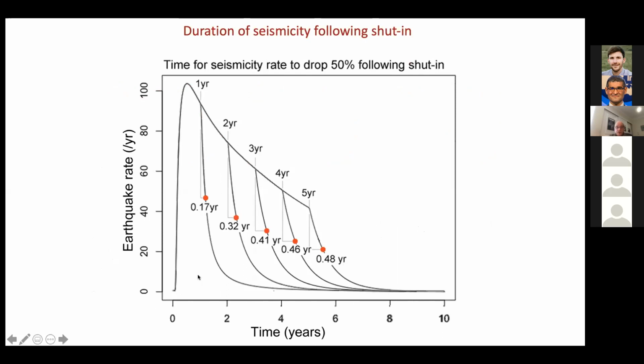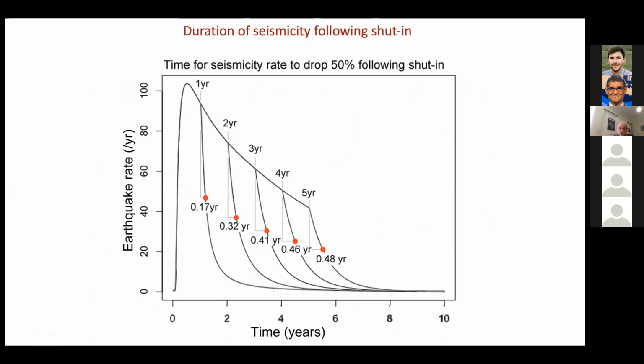And here is again looking at the duration of seismicity following shut-in. The longer you inject, the longer the post shut-in seismicity. These red dots are the time for the seismicity rate to drop by 50% following shut-in.